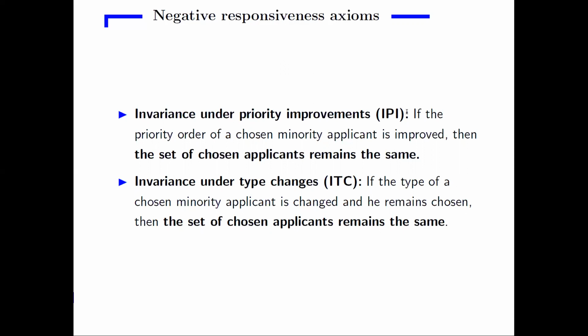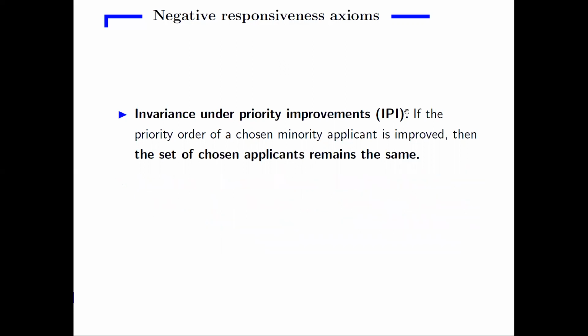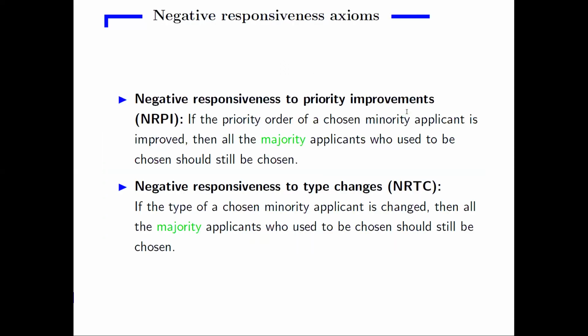This is the only way that an affirmative action rule can satisfy negative responsiveness. So basically, you can read this as an impossibility result. There is no affirmative action rule that satisfies the basic axioms and these negative responsiveness axioms with a strict instance of, I improve a minority applicant, but an additional majority applicant is chosen.